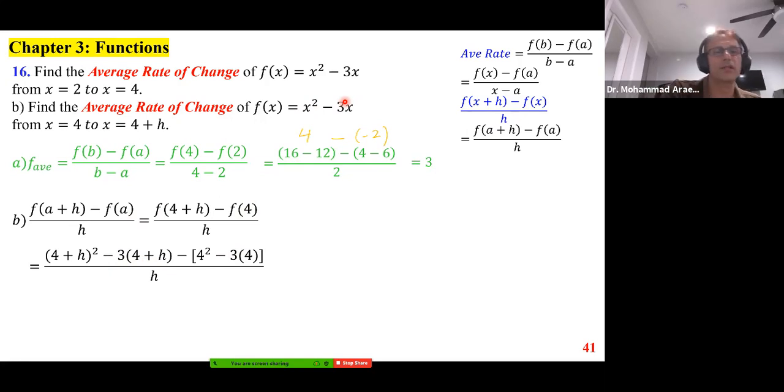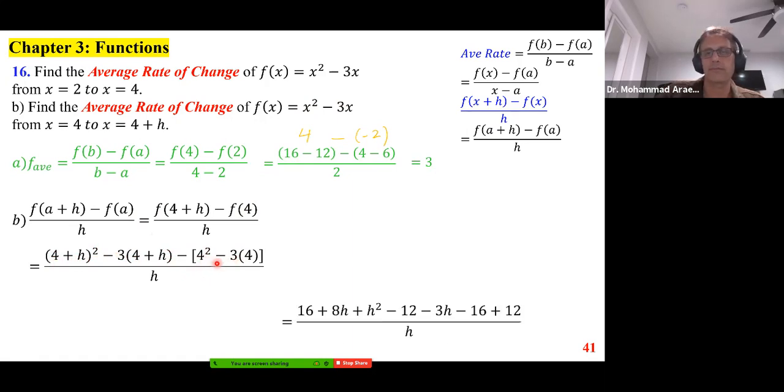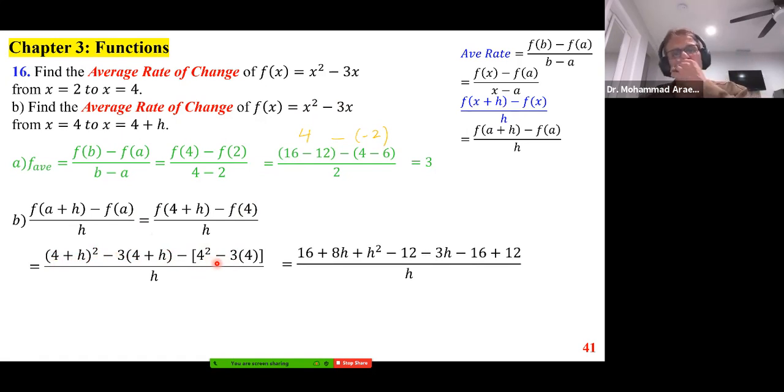Let's simplify the numerator. 4 plus h squared is 16 plus 8h plus h squared minus 12 minus 3h. This is 16, this is 12. We are going to simplify the numerator now. 16, 16, negative 12, positive 12.